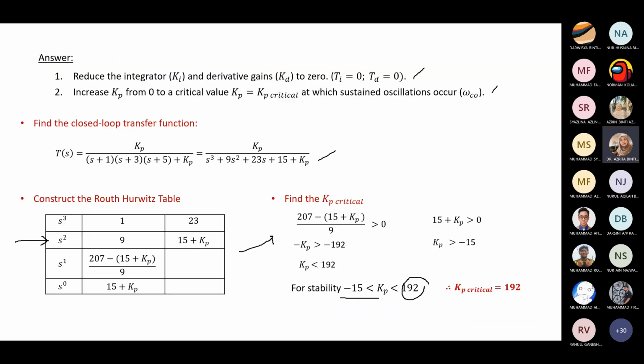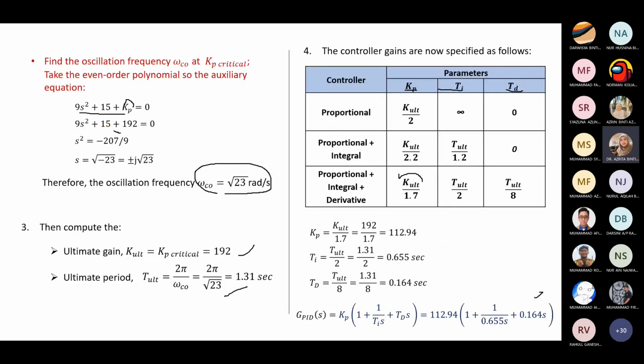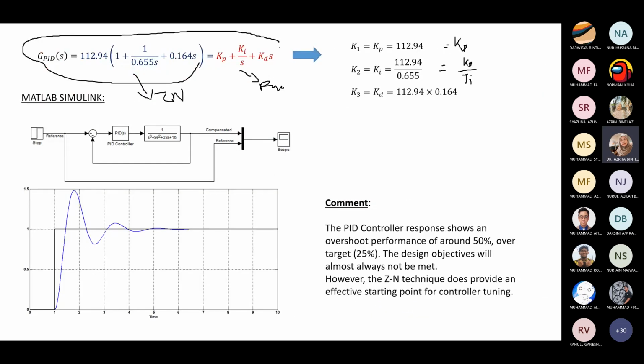And for the K3, or K derivative, it is equal to the value of Kp multiplied with the value of Td.